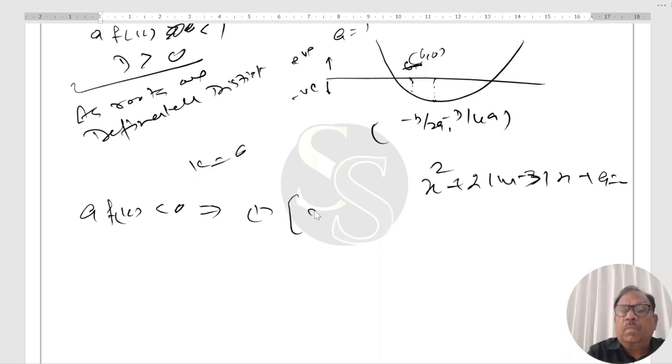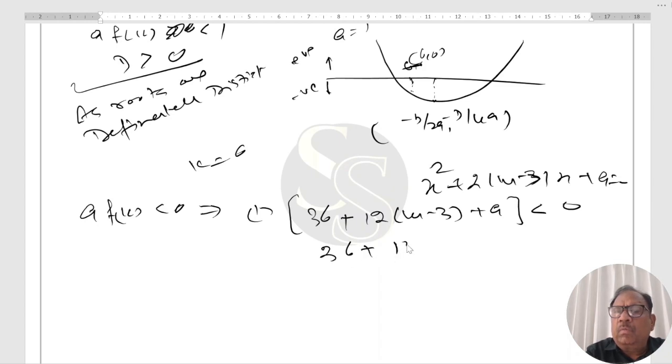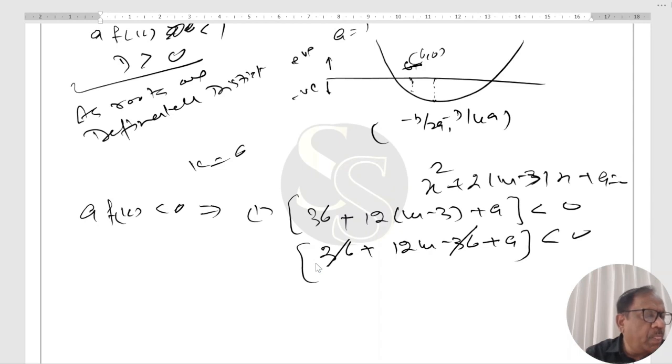So 36 plus 12m minus 3 plus 9 less than 0. So 36 plus 12m minus 36 plus 9 less than 0. This 36 goes, then m less than 9 by 12. That is m less than minus 3 by 4.